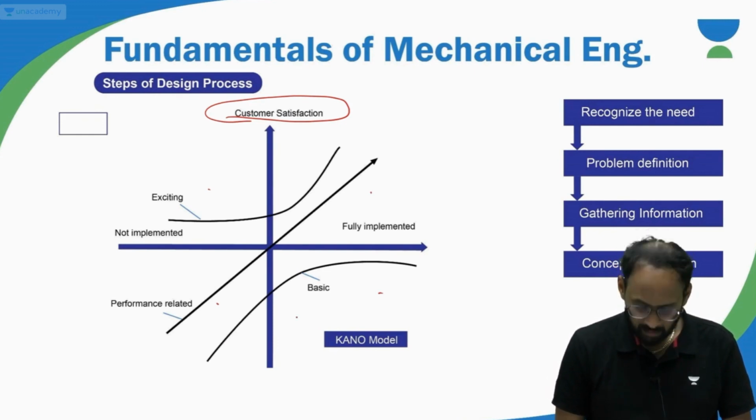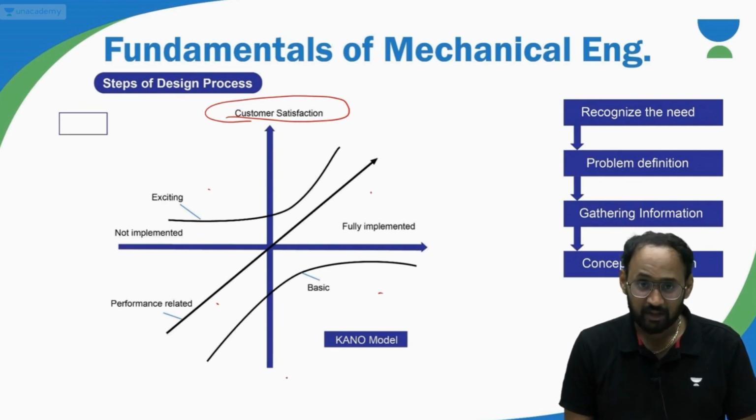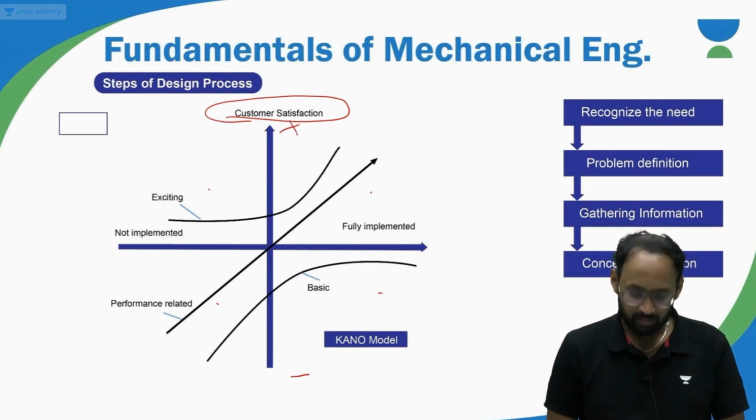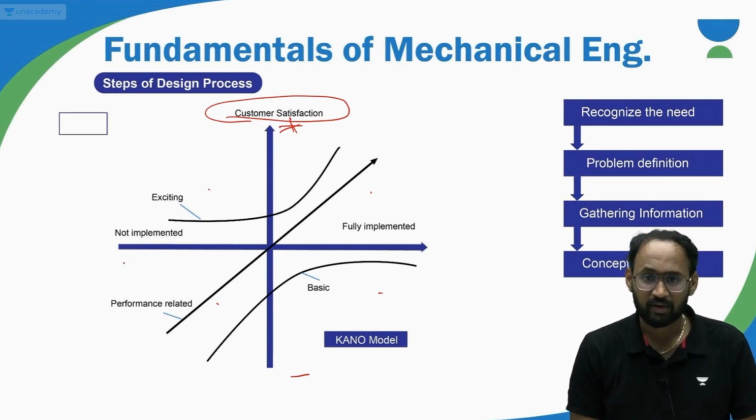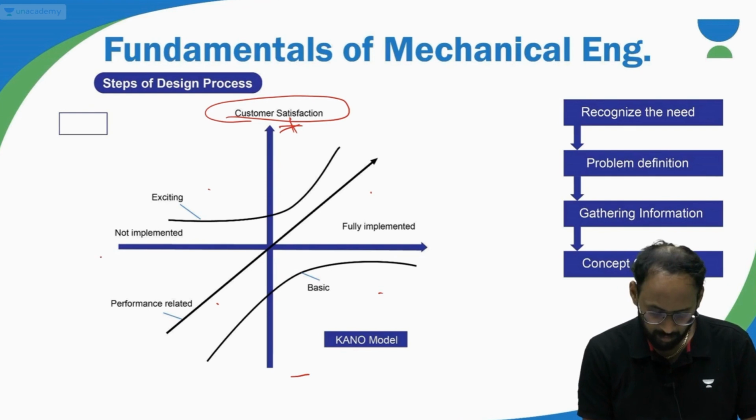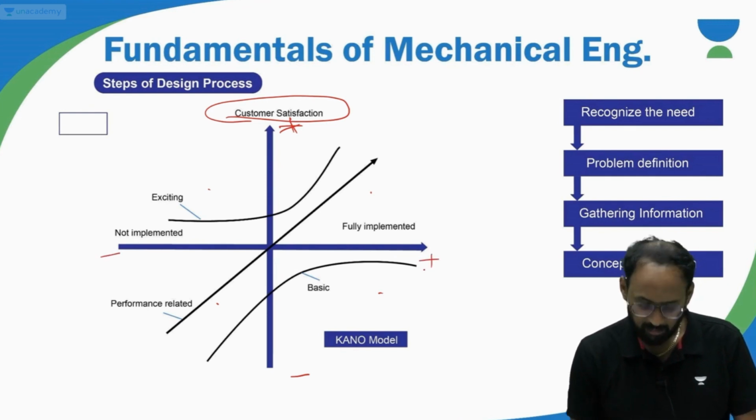On the y-axis, you have the customer satisfaction from minimum to maximum, and then you have the features or the implementations from minimum to maximum level.